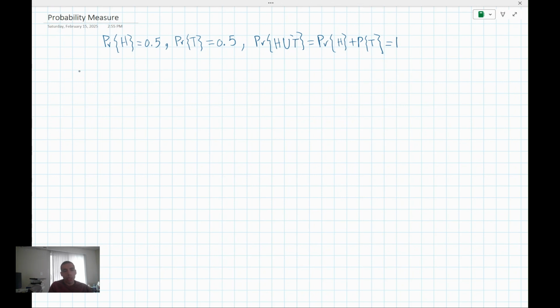So before we can define a probability measure, we need to first define two important notions in probability. The first one is omega, the sample space. So omega is the set of possible outcomes of the experiment.